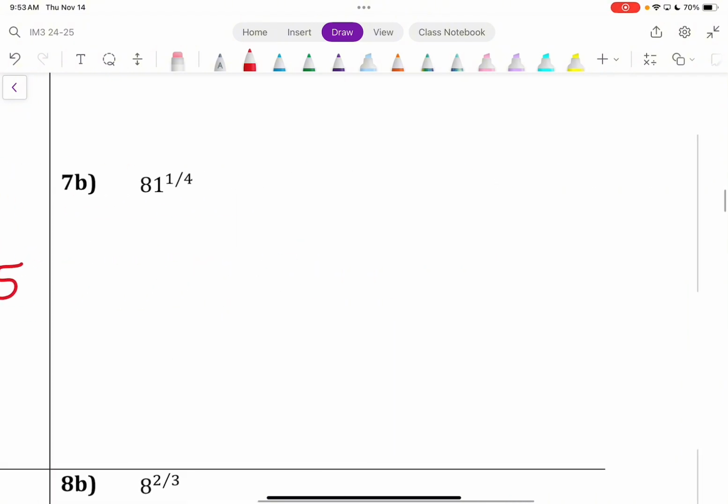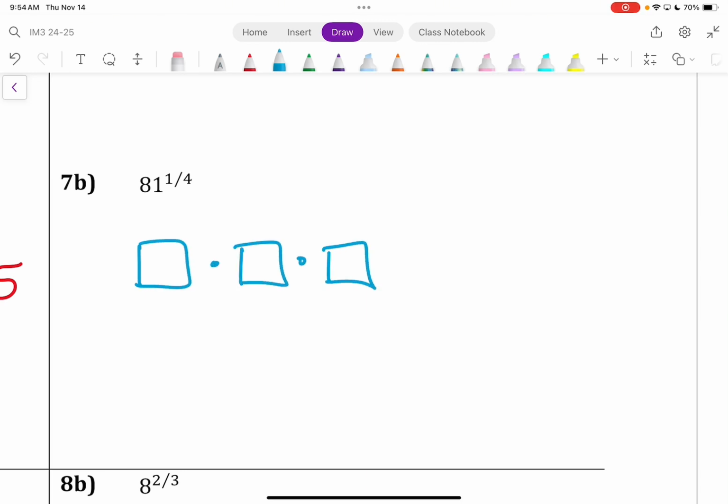Okay. With that same idea, then you should have split 81 into how many groups? It's not one group. Look at the fraction. It's 1/4. So you want 4 even groups. So that's one group times another group times another group times another group equal to 81.